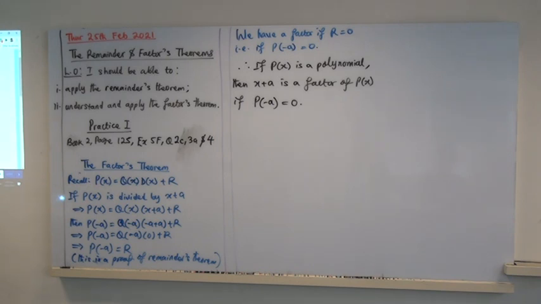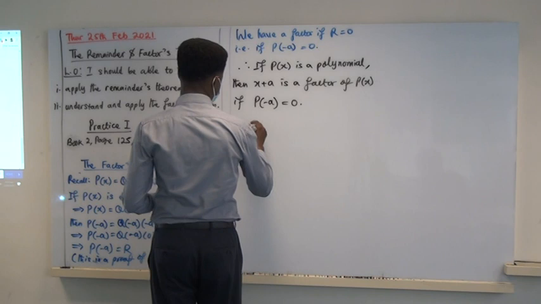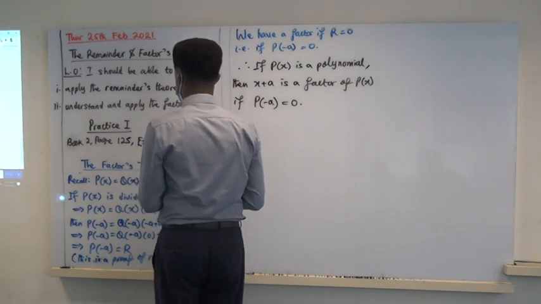And that is what we are going to be using in these last few minutes. Okay? So the first question I want you to do: use the factors theorem to determine whether this is a factor. I want you to do it from exercise 5G.